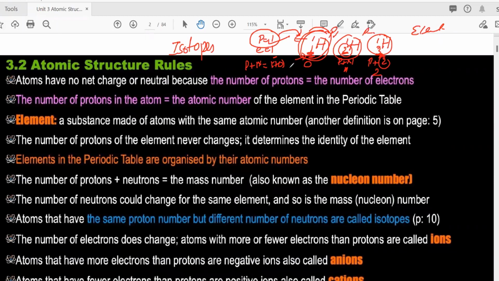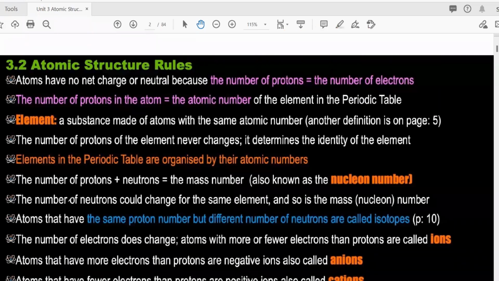All 1. Only what is changing? Mass number, or nucleon number. And why is it changing? Because here there is no neutron, one neutron and two neutrons, like this they are changing. So this is what they are talking about: the number of neutrons could change for the same element.